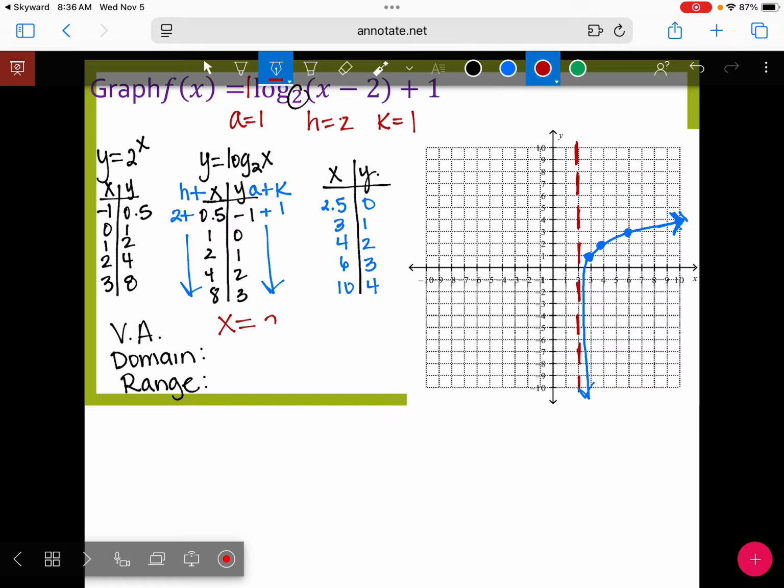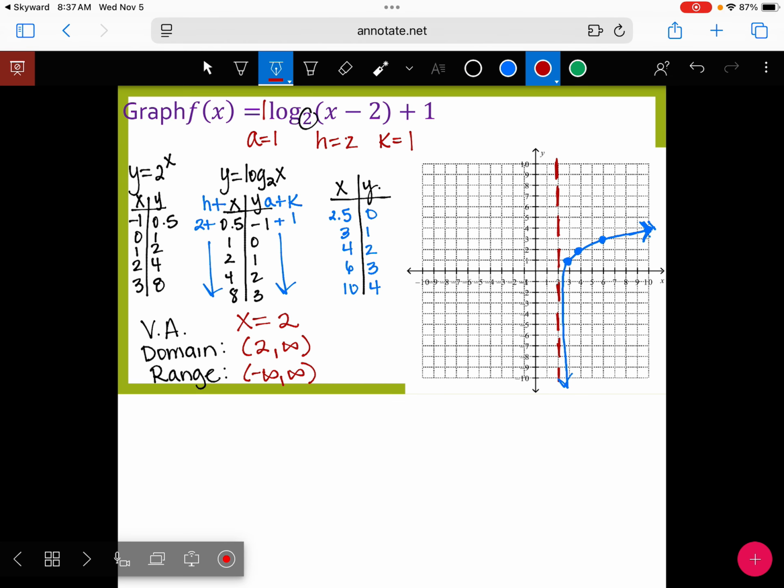I'm going to go ahead and write that down. My domain will be what? 2 to infinity. No brackets. Some people still put brackets on the exponential on the quiz. Don't put any brackets. Exponentials, logs, we don't have a bracket. And our range will be all real numbers.